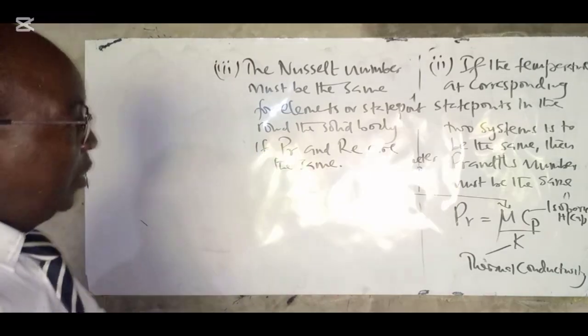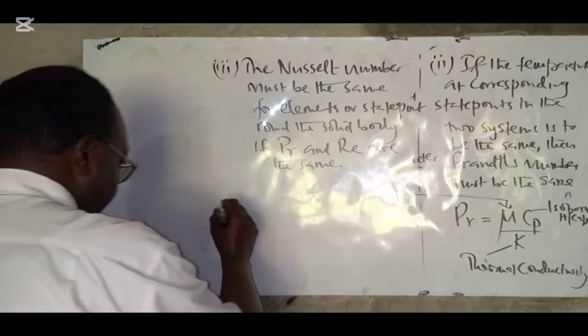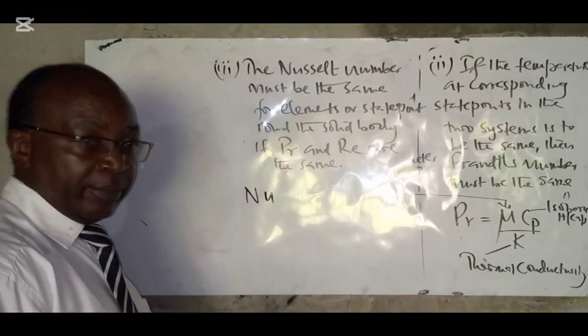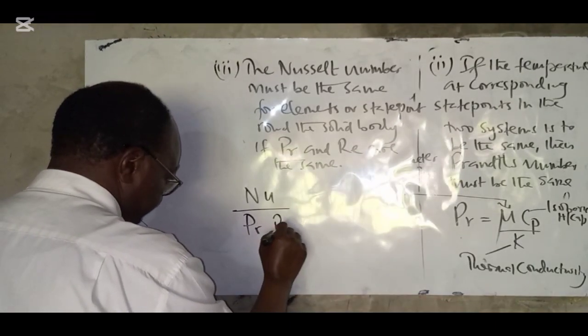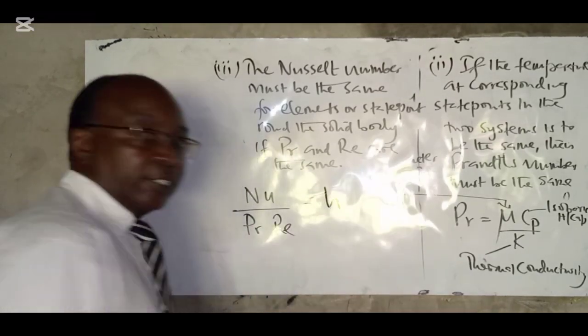And remember, we had this in our other lectures. We saw that the Nusselt number, Nu, divided by the Prandtl's number and Reynolds number, gave us what we call the Stanton number.